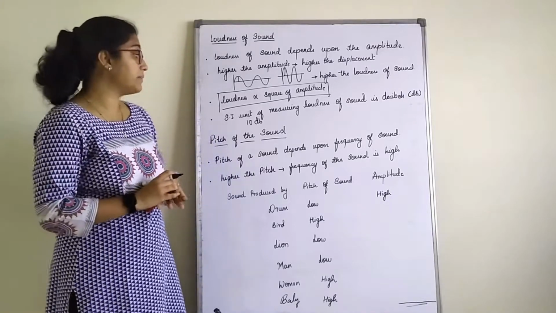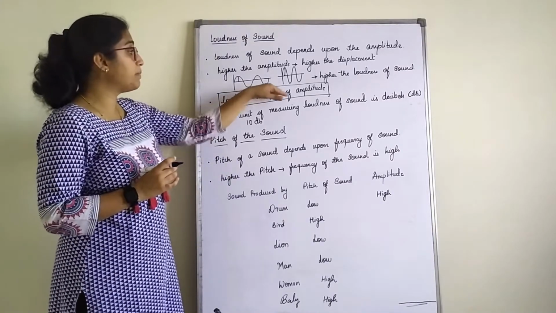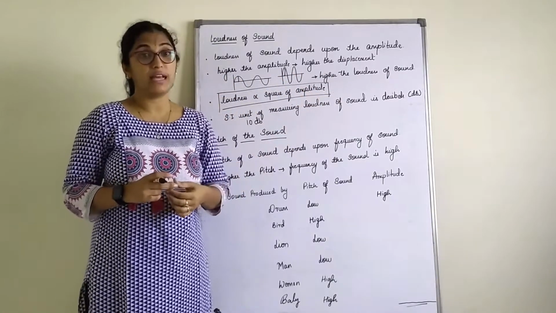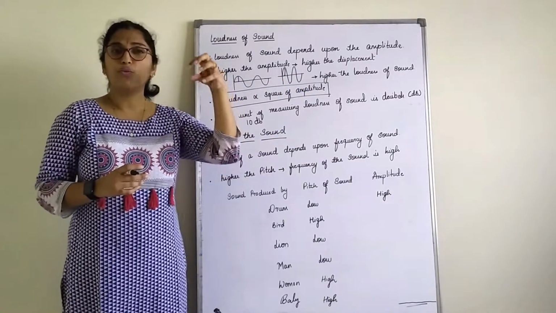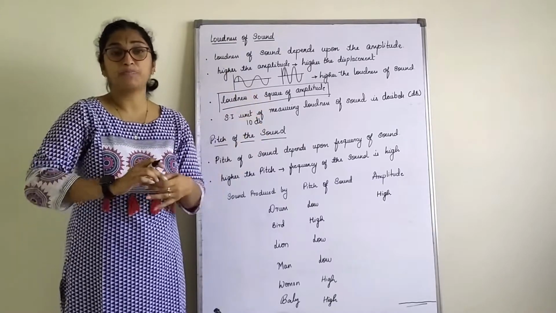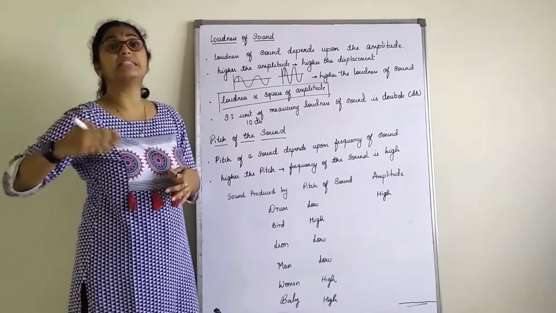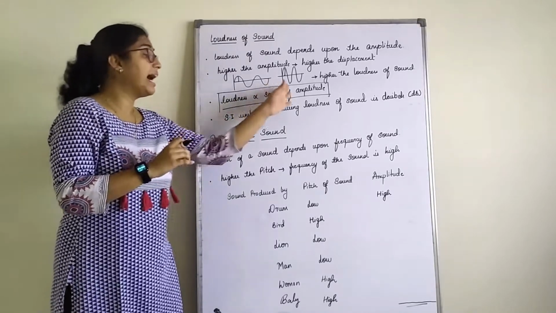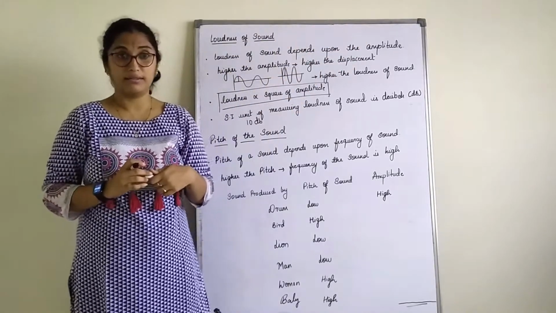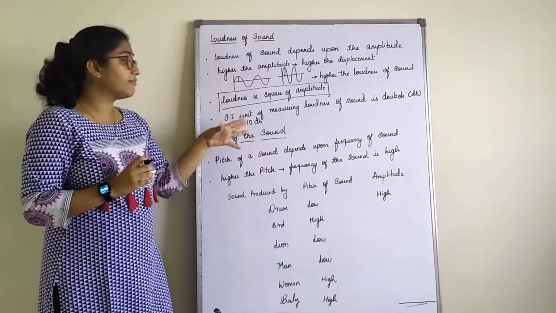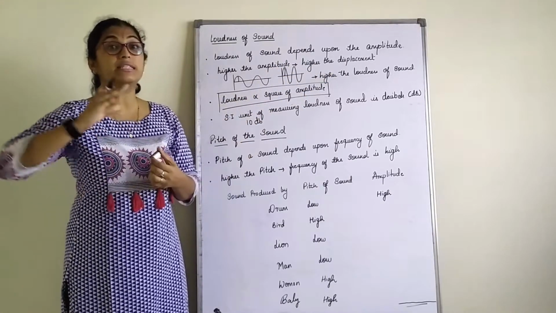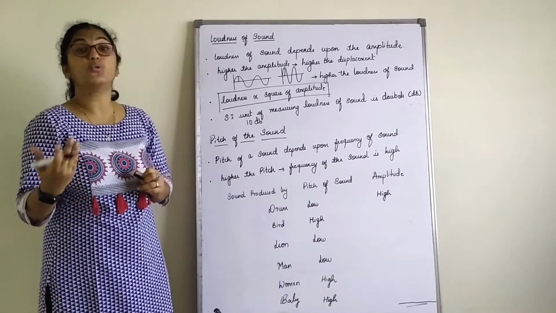What actually happens here is loudness is directly proportional to the square of the amplitude. That means with whatever amplitude I am playing, the loudness is double to it. If I am playing with 10 decibels, the amplitude is double to it, that is 20.